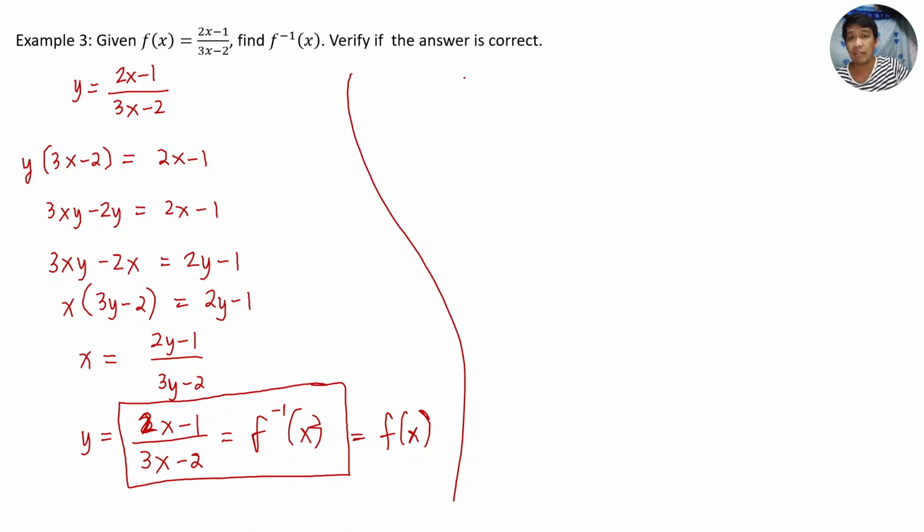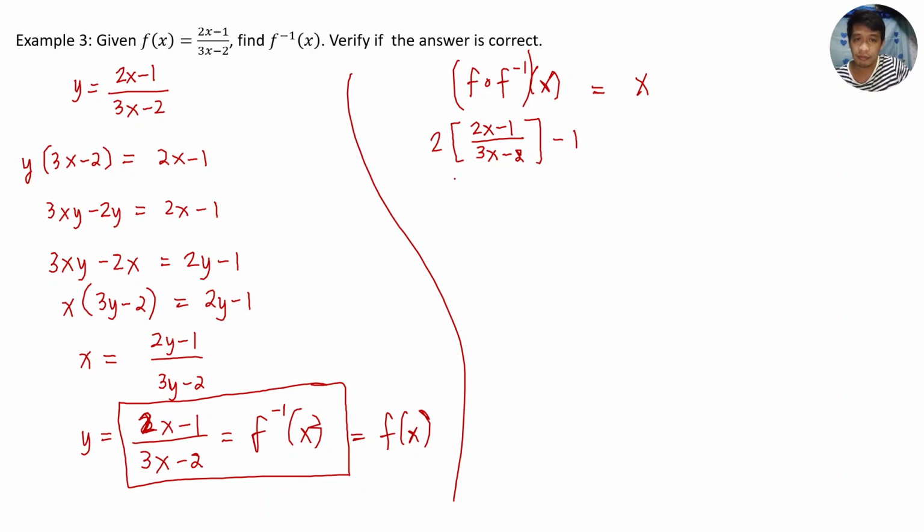Let us try to verify by substituting f inverse of x sa ating original function. At dapat ang maging sagot natin ay equal sa x. So ang ating original function ay 2x minus 1. So substituting f inverse, which is the same as 2x minus 1 over 3x minus 2.